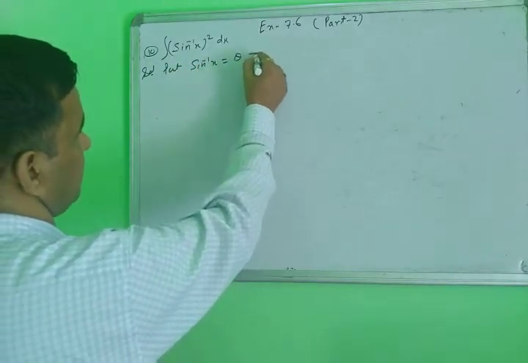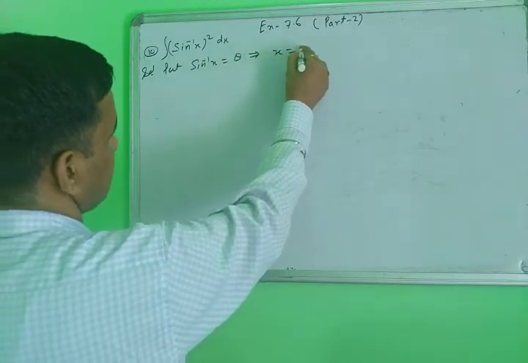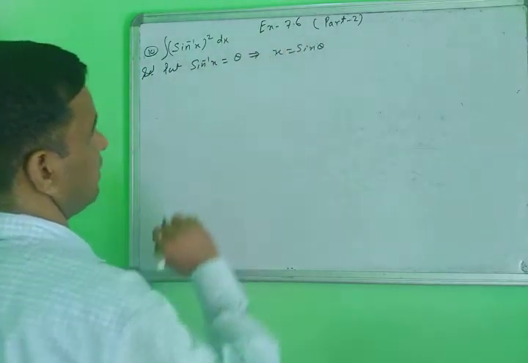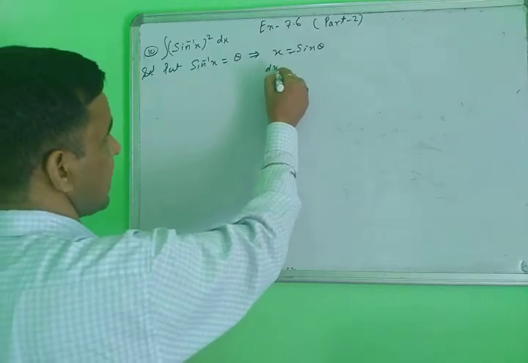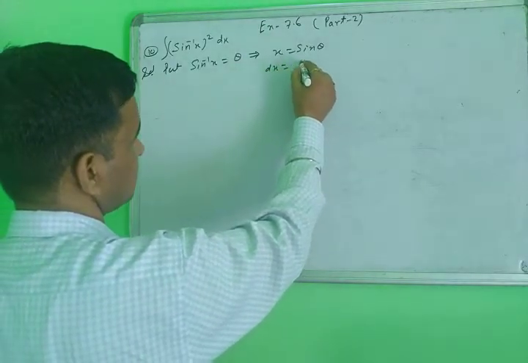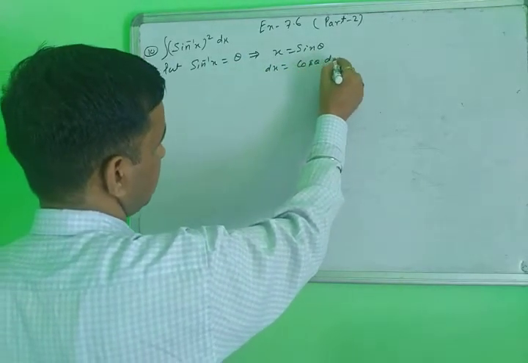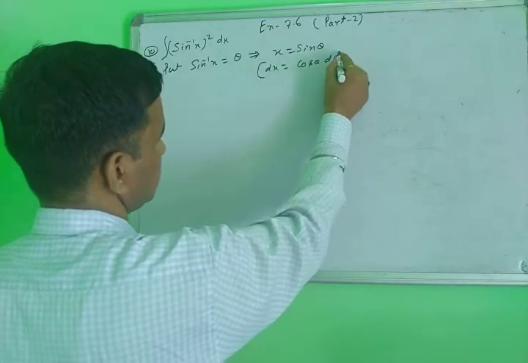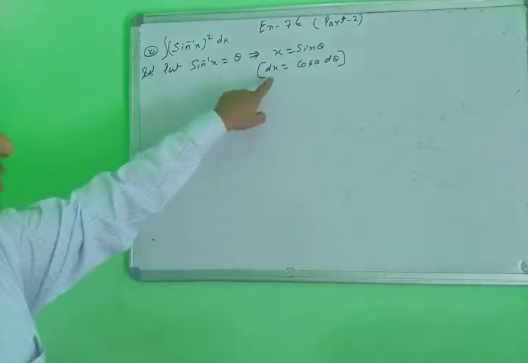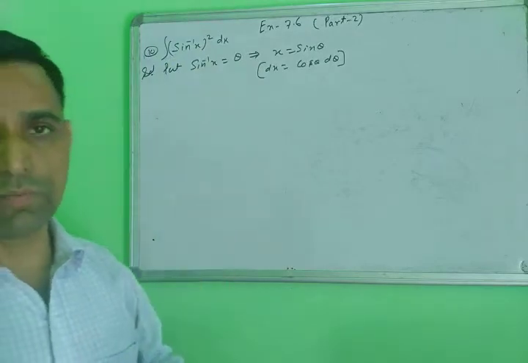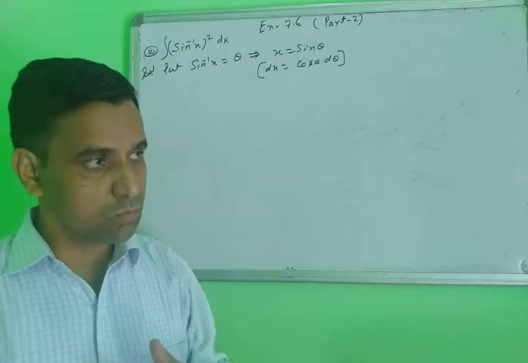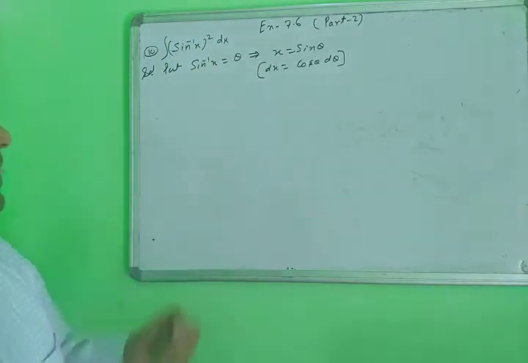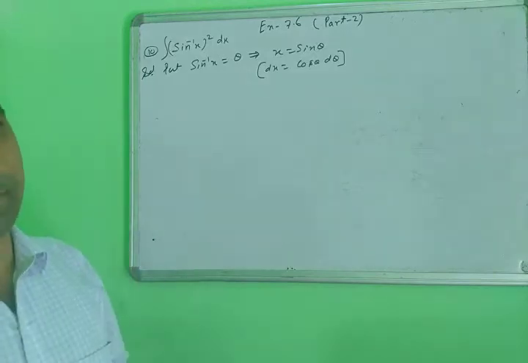Then x equals sin theta. What is the value of dx? Differentiating, cos theta d theta. You will put this value, this function will be converted into two functions. Then you will use by parts here.